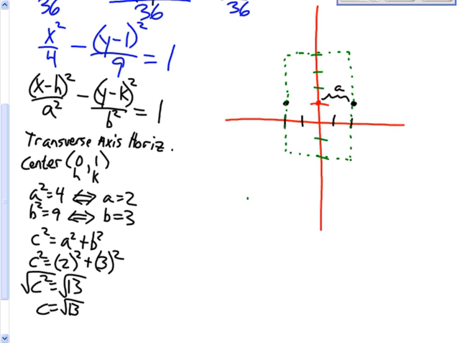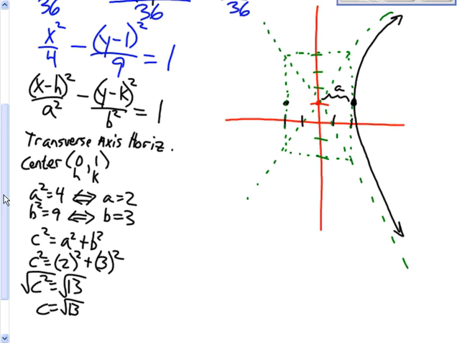Let's draw the slant asymptotes right now. You can kind of see how wide this thing is. Here's my vertex, and it approaches the slant asymptotes. Again, you can always plot some points, but this is a pretty good way to get a good quality approximation of the sketch of this hyperbola.